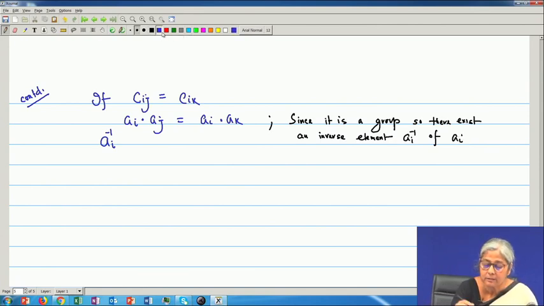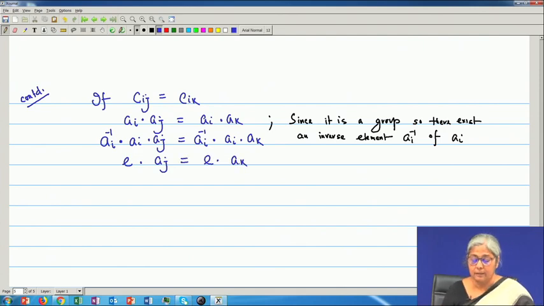So, I can write Ai inverse dot Ai dot Aj is Ai inverse dot Ai dot Ak, doing the operation dot on both sides. Then Ai inverse dot Ai is the identity element. So, E dot Aj is E dot Ak.